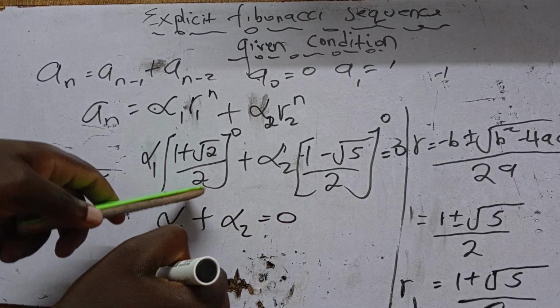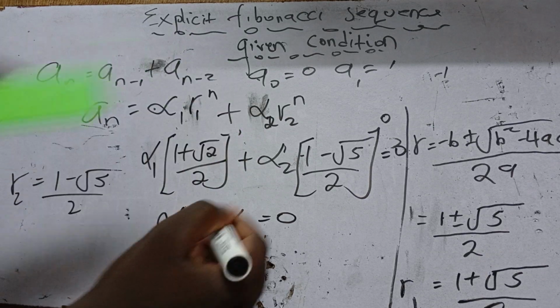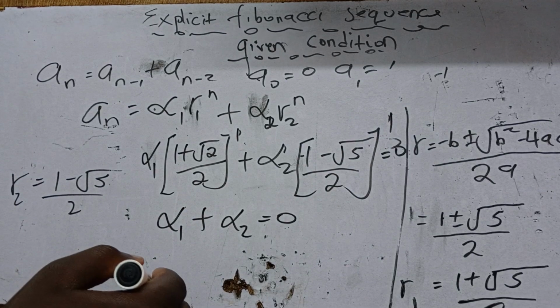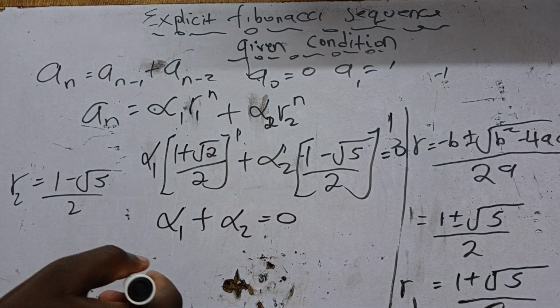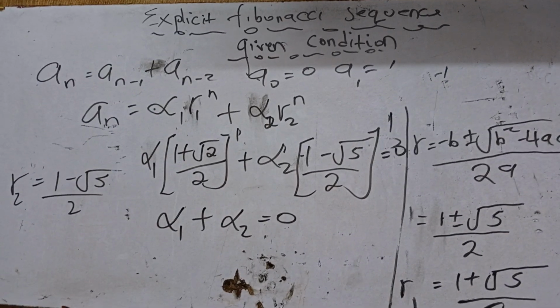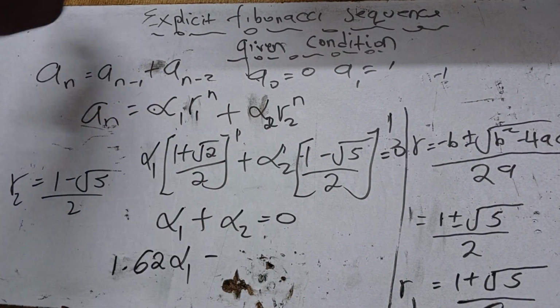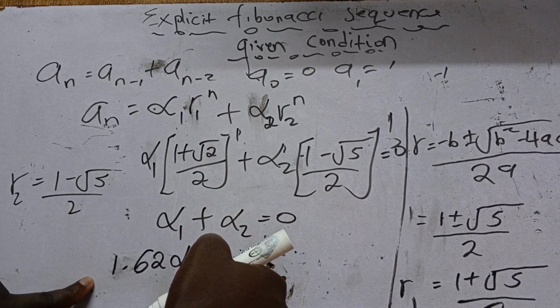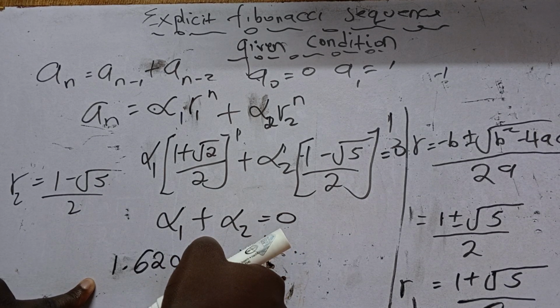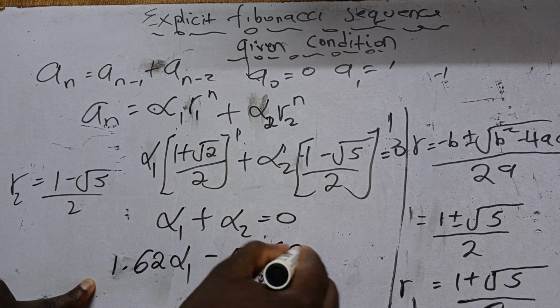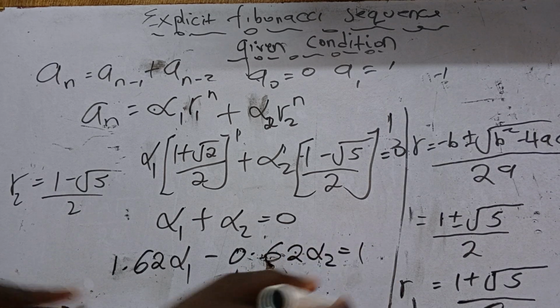Then if you substitute all of this raised to power 1, you find alpha 1 times 1.62 plus alpha 2 times negative 0.62 is equal to 1.